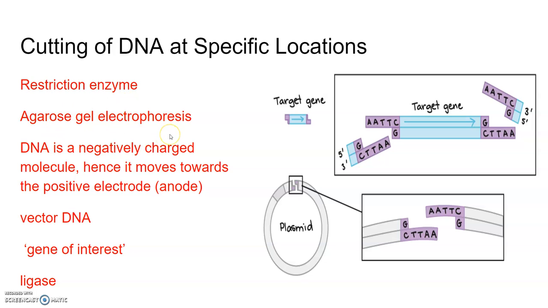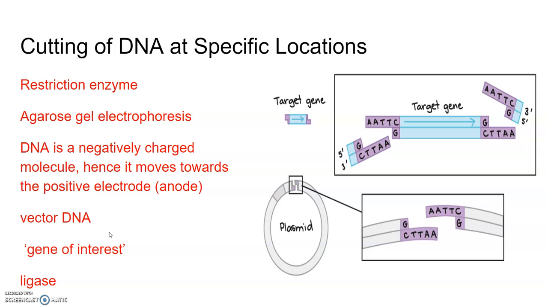Agarose gel electrophoresis is employed to check the progression of the restriction enzyme digestion. DNA is a negatively charged molecule, hence it moves towards the positive electrode, that is anode, that we have discussed during gel electrophoresis when we studied it in detail. This process is repeated with the vector DNA also.